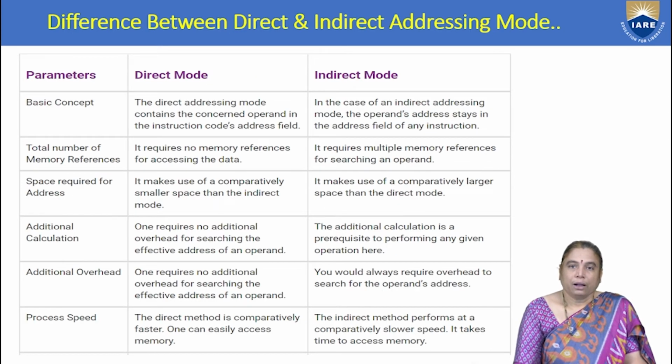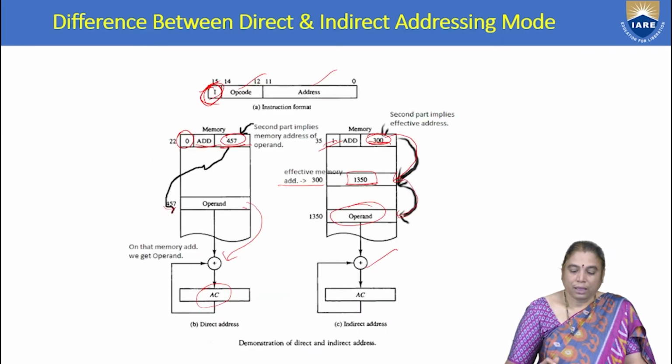Now we'll see the difference between direct and indirect addressing mode with basic parameters. First, with the basic concept we discussed with an example, how the operand is fetched in case of direct and indirect addressing mode.